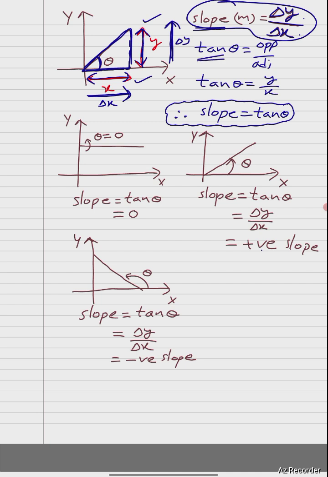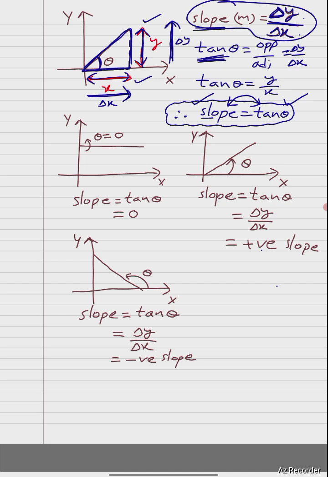Okay, so here opposite side is delta y and adjacent side is delta x. So tan theta is basically what? Change in y upon change in x. That means slope and tan theta are same only, no? So slope we are defining it as delta y by delta x, and also tan theta we are defining it as delta y by delta x. That means if we calculate tan theta, we are getting the value of slope.